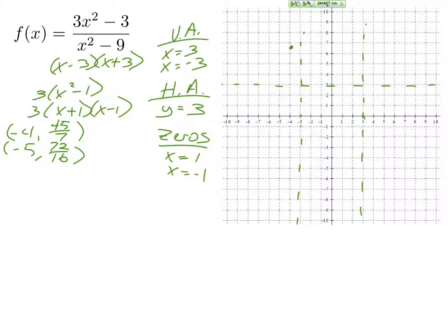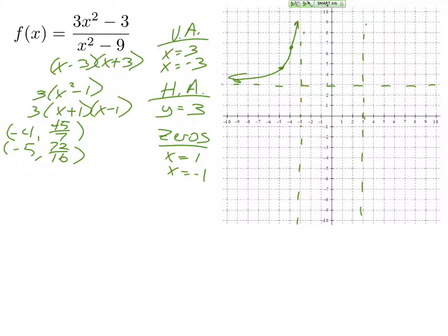And 48 plus another 16 is 64. So that means it's got to be between what two numbers? 4 and 5. Okay. So what's that section doing? Going up on the right, leveling off on the left.